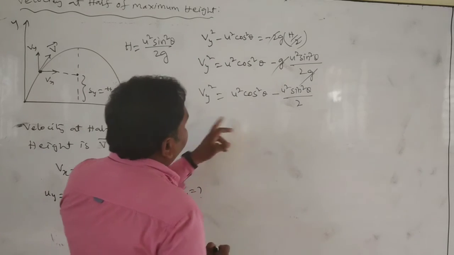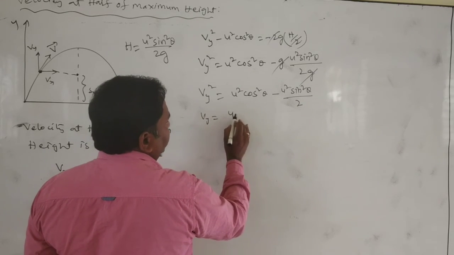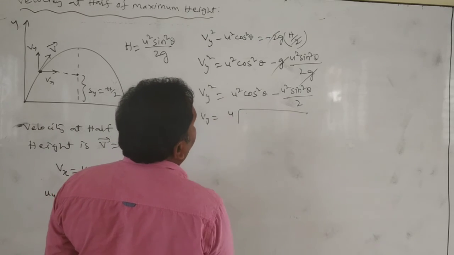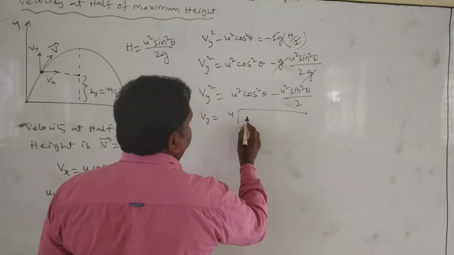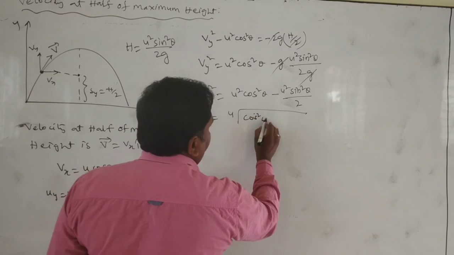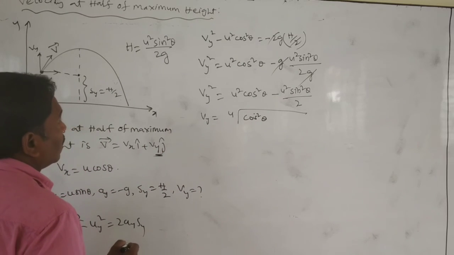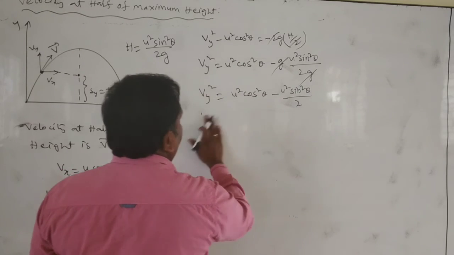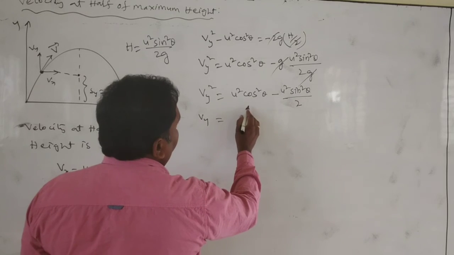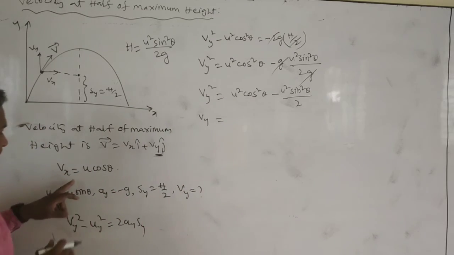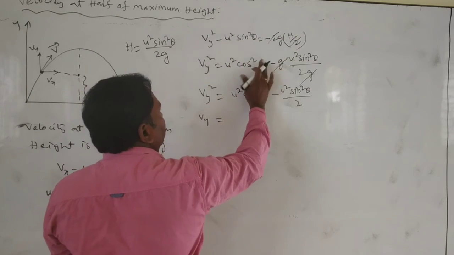So now you take the LCM for vy. We made a mistake here, it's u sin theta, we have to substitute u sin square theta here also.